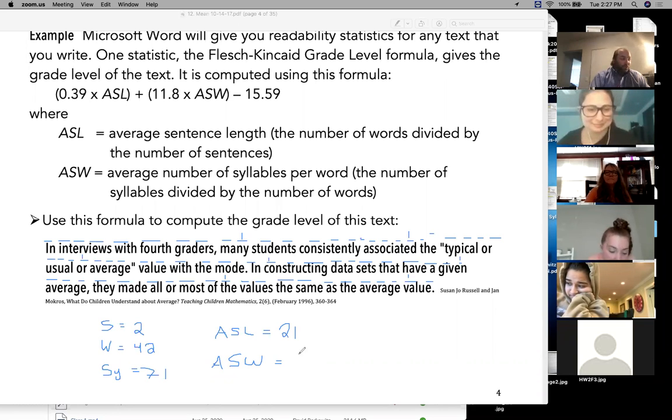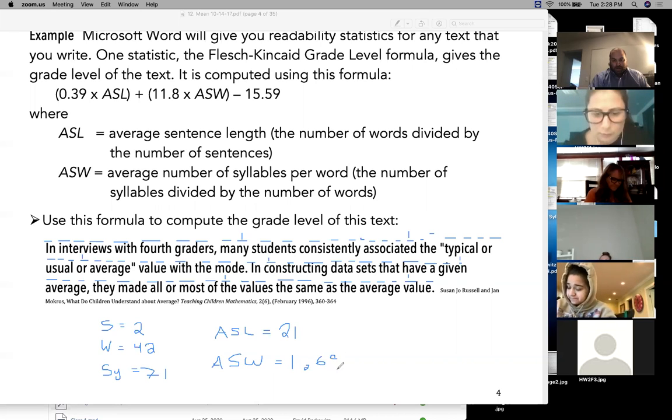Okay. So what's ASW? The number of syllables divided by the number of words. So how do I do that? It's 1.69, so 1.7. Yeah, 1.69 is good. I'm going to use the whole decimal.